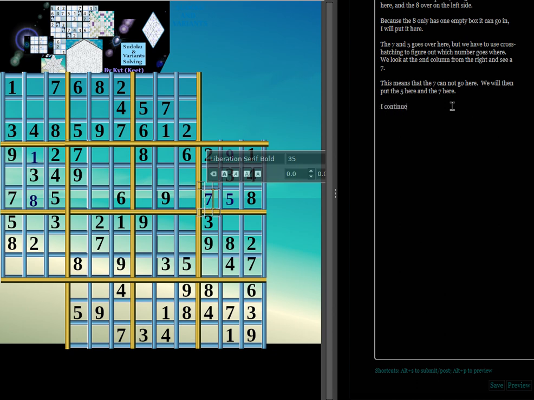I continue down looking at each row one at a time to put in the obvious numbers. The next row we see a 5 and a 3 on the left side. On the right side we have a 3, so we ignore it and settle on the 5.